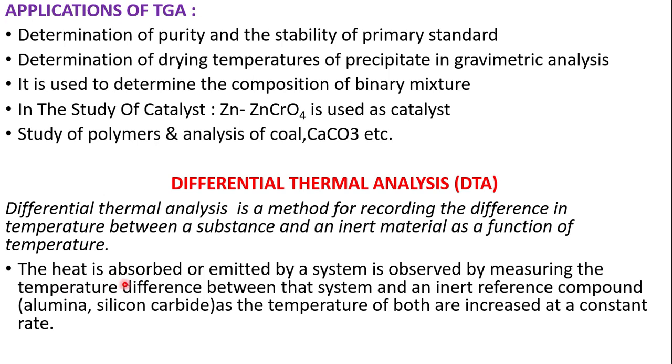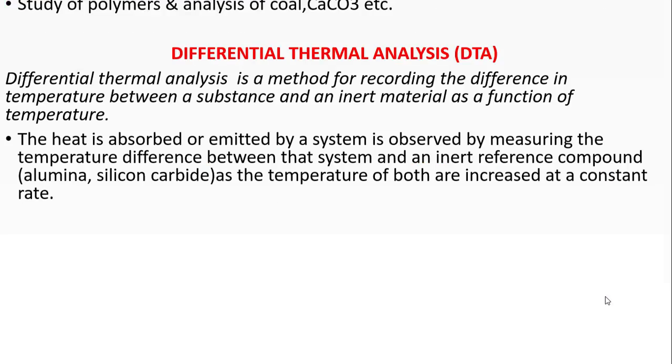Here, the heat absorbed or emitted by a system is observed by measuring the temperature difference between that of the system and an inert reference component, which is made of alumina or silicon carbide, as the temperature of both are increased at a constant rate. This is the basic principle behind the DTA technique.